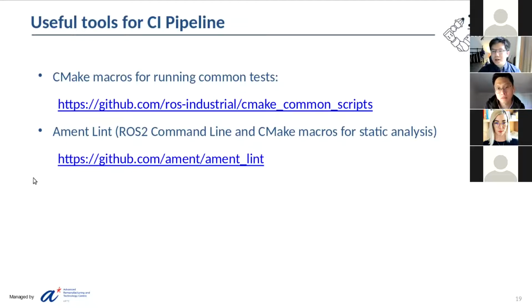Of course, ament_lint is one of the go-to ROS2 tools if you want to run static analysis. It has ROS2 command line commands, and it also provides CMake macros for static analysis. Another one that you can also look at is code_coverage by Swery, which involves a lot of CMake macros for running common tests.